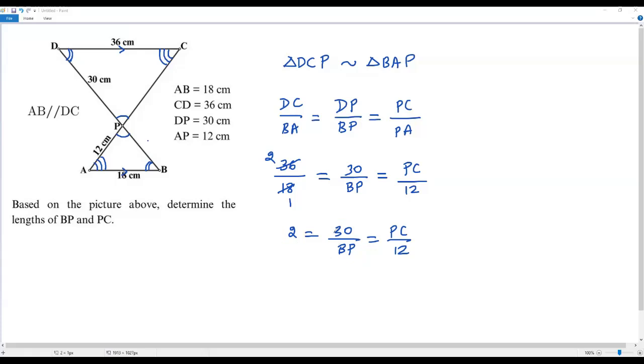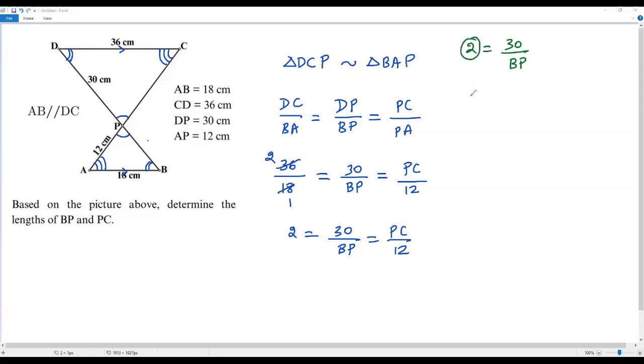Okay, let me do this separately, because these three quantities are equal to each other, so we can equate any two quantities. To solve for the unknown quantity, I'm equating the first quantity and the second quantity. That means I'm taking this one separately. So I'm getting 2 equals 30 over BP. My aim is to solve for BP, but BP is in the denominator. So to get BP into the numerator, we can take the reciprocal on both sides.